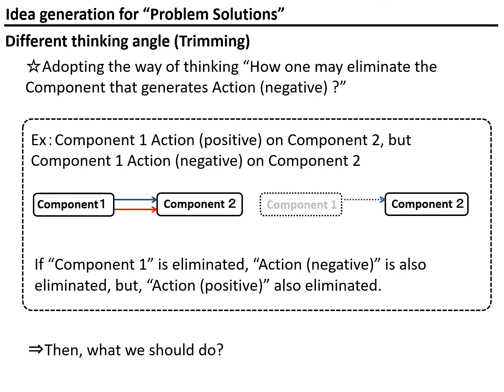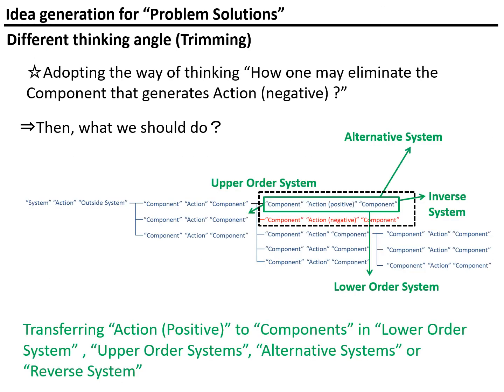Then what should we do for this eliminated positive action? Adapting the way of thinking for how one may eliminate a component that generates a negative action, what you should do is think about putting the positive action into an upper order system.